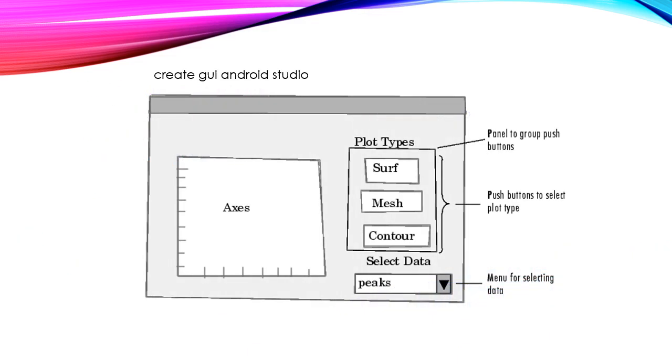So to create a GUI in Android Studio, you can see the GUI architecture of Android, the view system, is responsible for rendering the visual components of the user interface, such as buttons, text fields, and images.